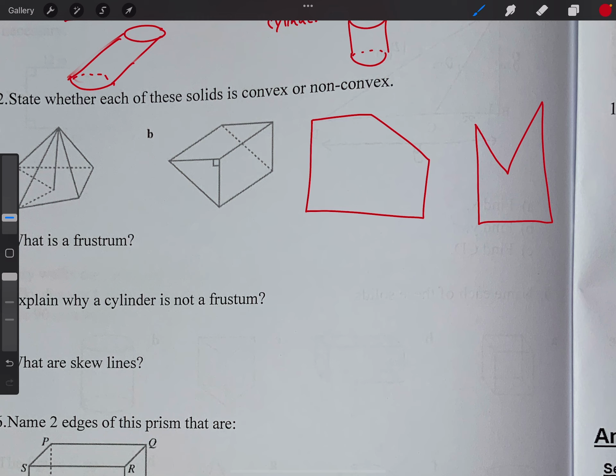What we do is we take this polygon and extend the sides. If you extend the sides and the extended side doesn't go inside of the shape, this is known as convex. Convex shape.